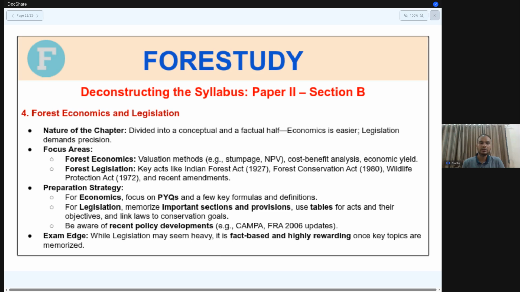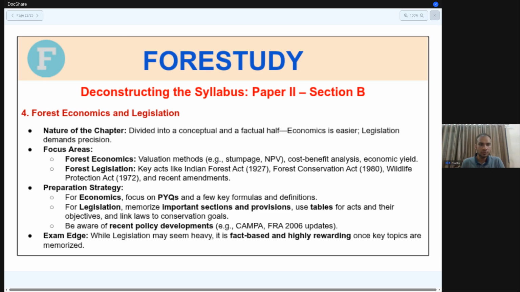But later I prepared short notes, one page for each act, and went through them again and again. When prepared well, this gave me an extra edge. The confidence was there, and I was able to attempt the questions well.